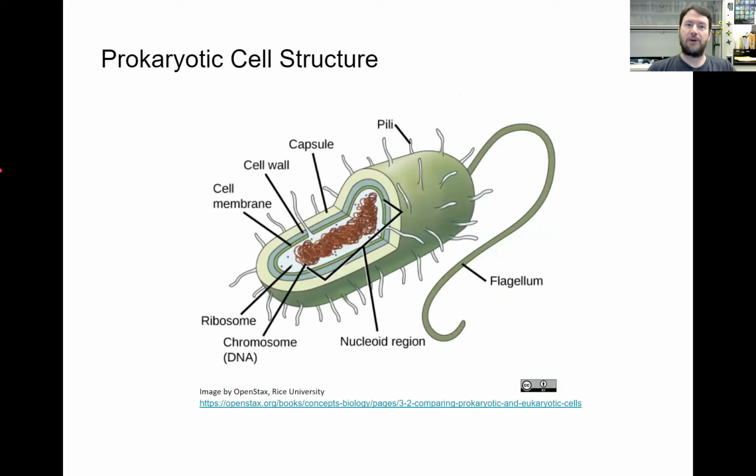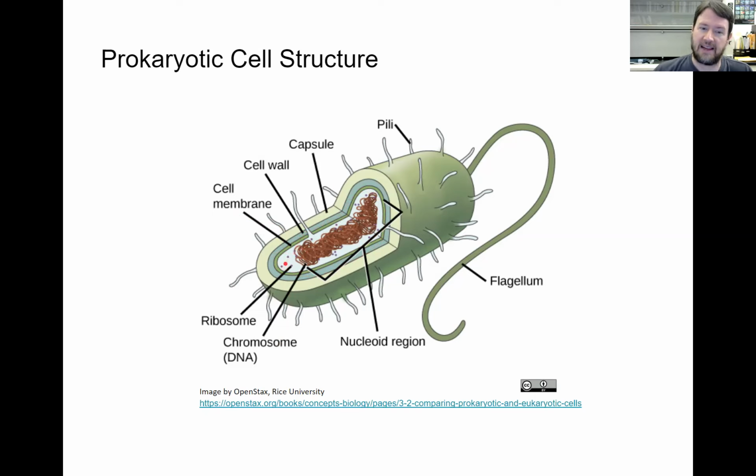All right, so prokaryotic cell structure is very, very simple. Let's look at the start. Where's the barrier, right? Well, actually this green layer right here is the cell membrane or plasma membrane. So that's technically what separates the outside and inside of the cell, right?